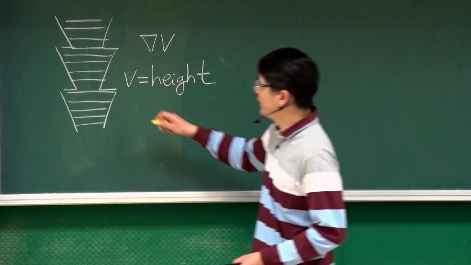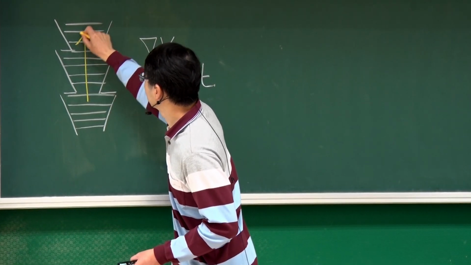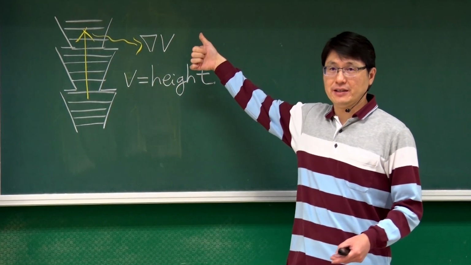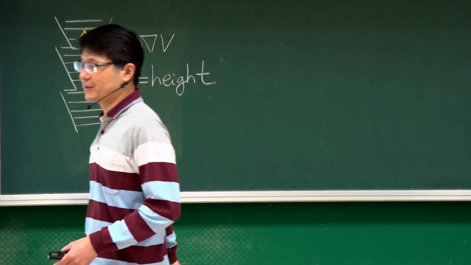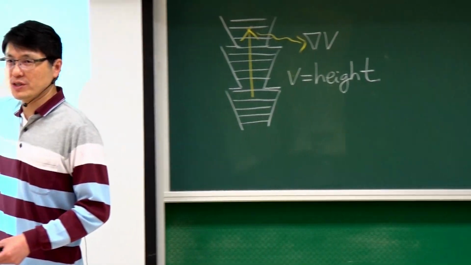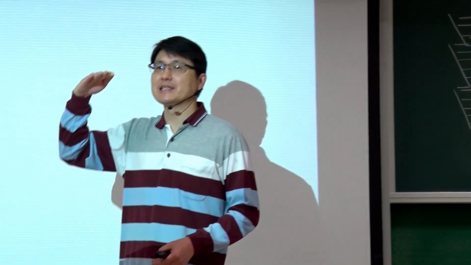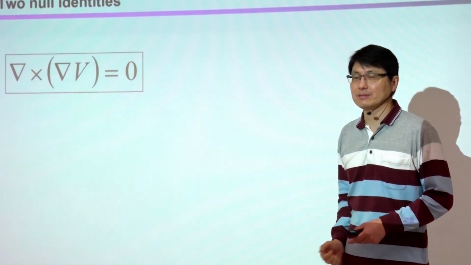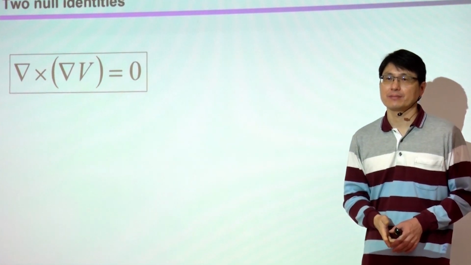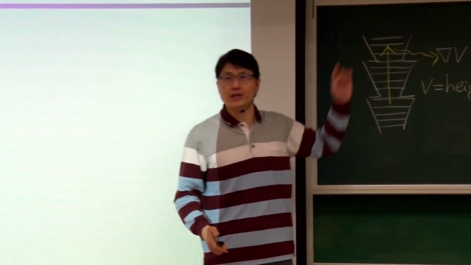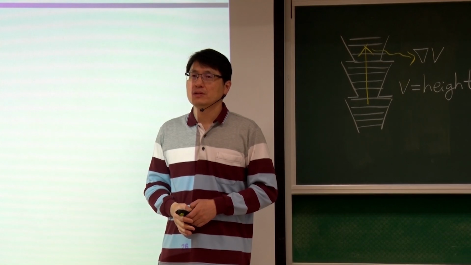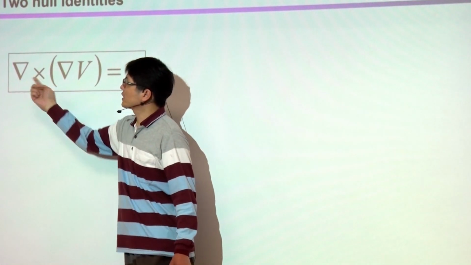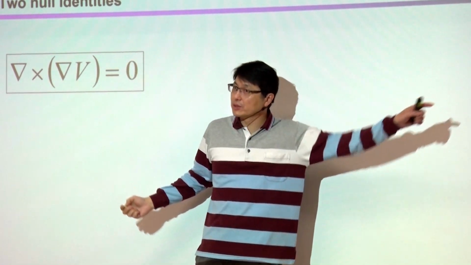So if you type gradient of v for Taipei 101, right? Points upwards. You ascend, you gain in height, and in that direction, in the shortest direction. Normal to the floors. So now you have to think. Now you want to perform the curl operation on the gradient.